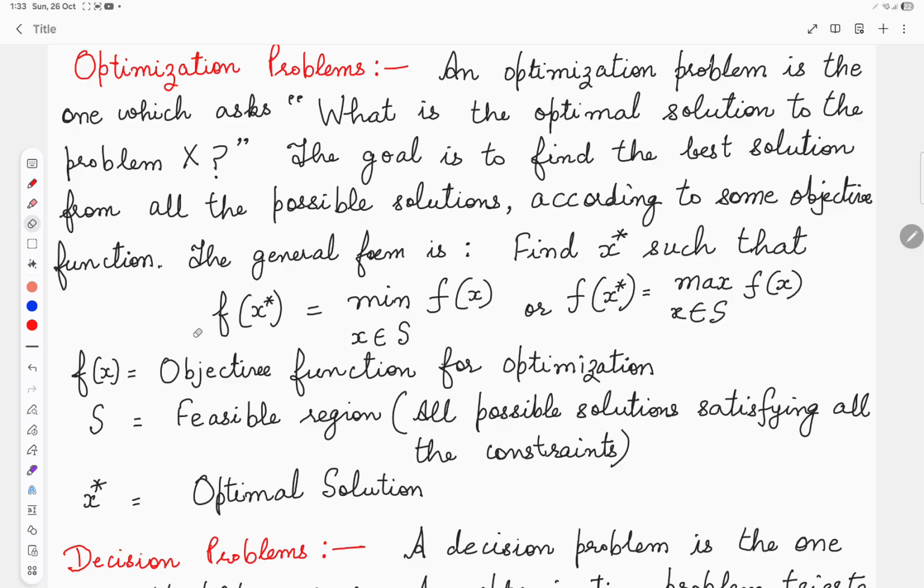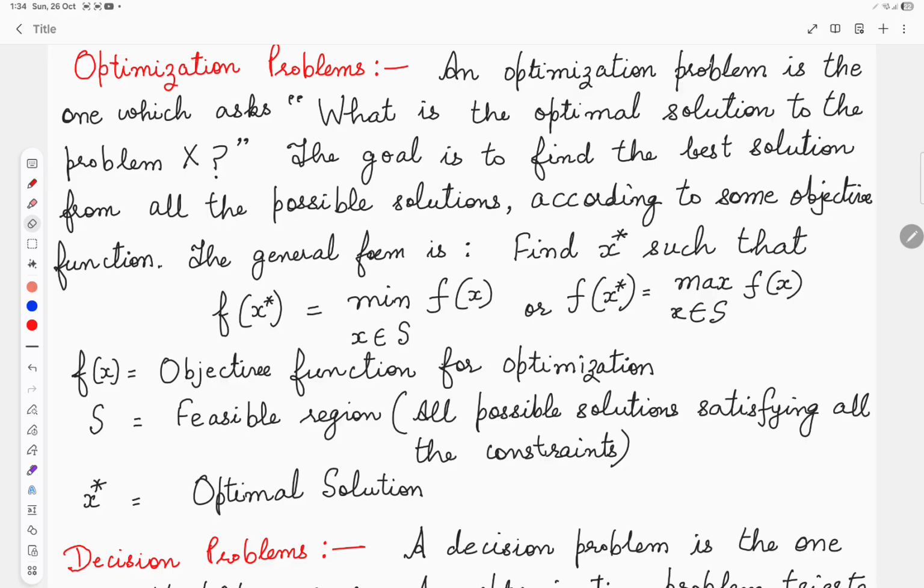So if there is a function f(x) and f(x) has a set S of solutions, now this minimum means the minimum energy solution. So X star is the minimum energy solution, the best solution, which corresponds to the minimization of this function f(x).